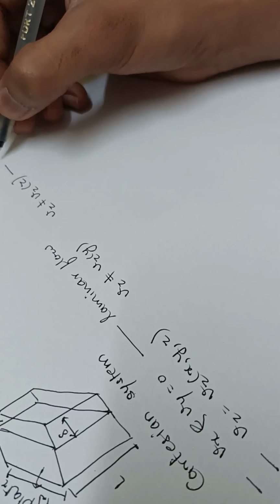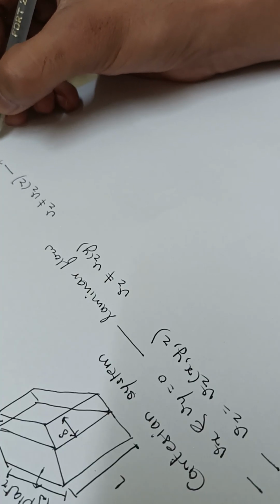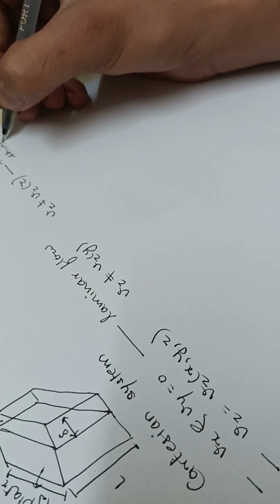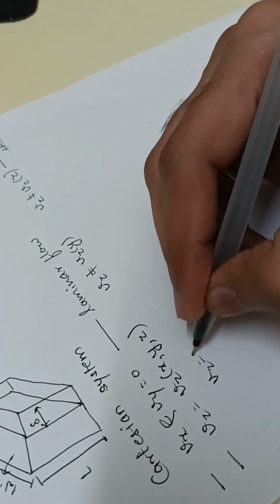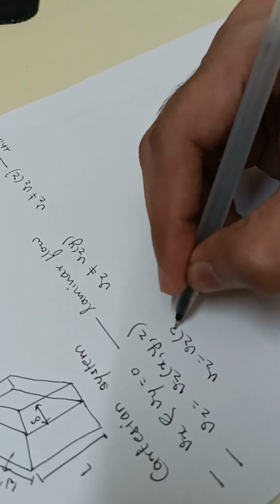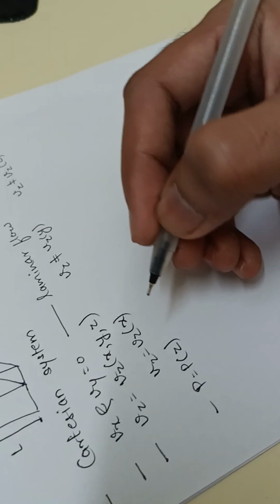The film doesn't get thinner or thicker. So Vz is only a function of x, and pressure is only a function of z.